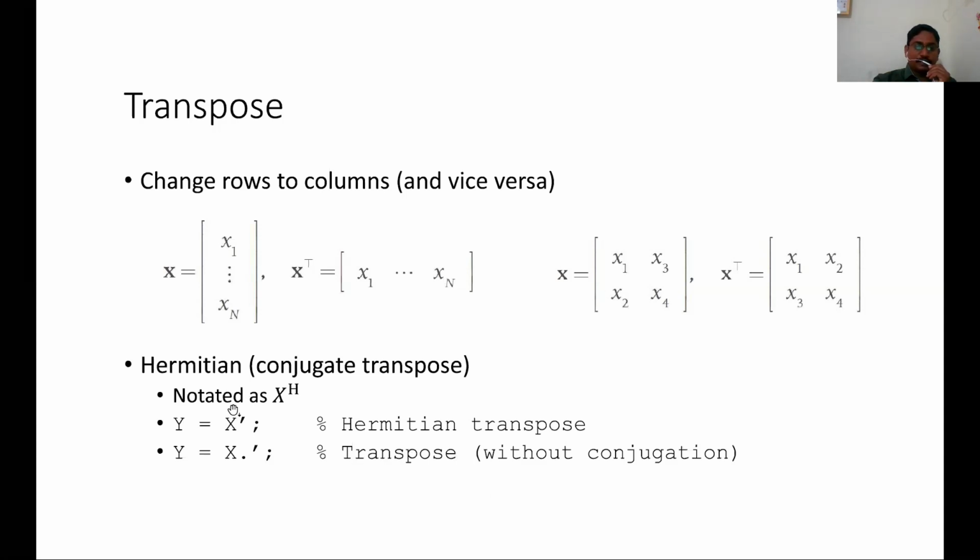If all entries are real, then both have the same answers. But if you use complex entries and you type x dash, then you get the Hermitian transpose. So whenever you want the transpose without conjugation, you just type x dot dash. So these two types of transpose are there.